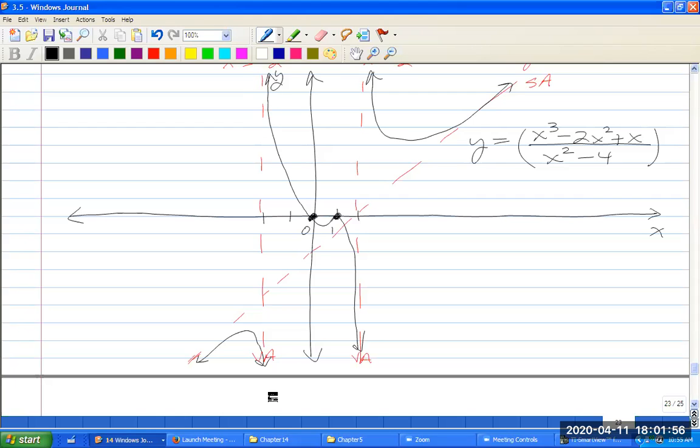So that looks like this. And for x going to +2, it looks like some positive factor of 1 over x minus 2. So again, it looks like this here. So that's what the sketch of the graph looks like.